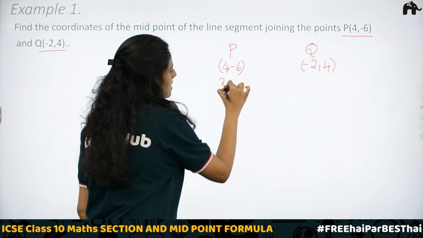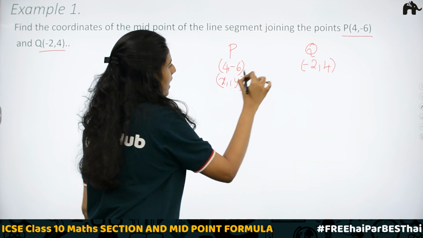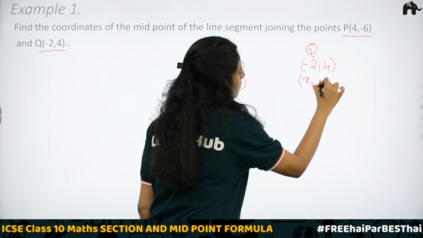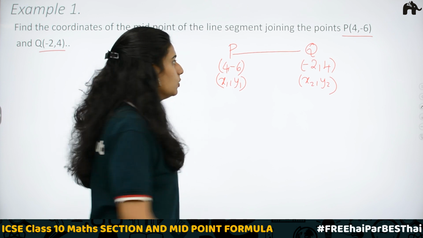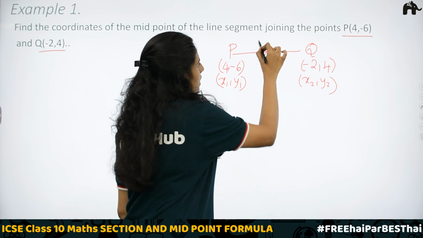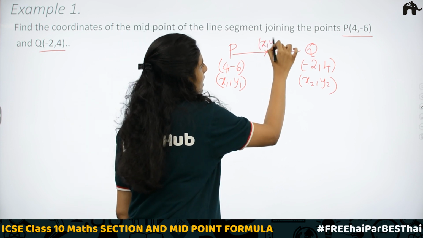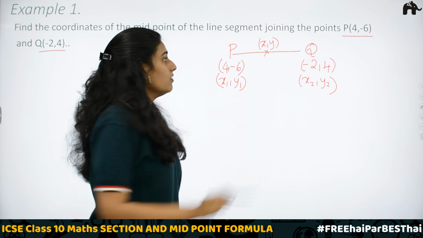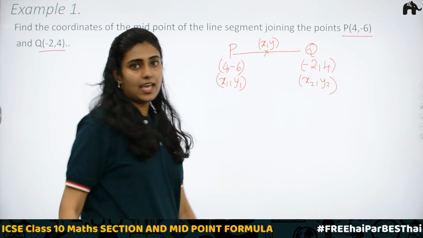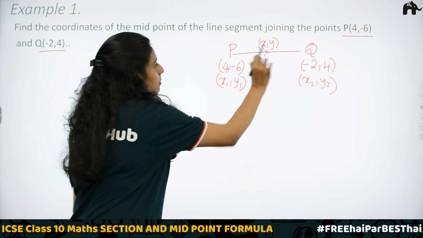This is x1, y1 and this is x2, y2. Line joining P and Q. Here we'll consider a point of coordinates x, y, which is the midpoint of line joining P and Q. We need to find the coordinates x and y of the midpoint.